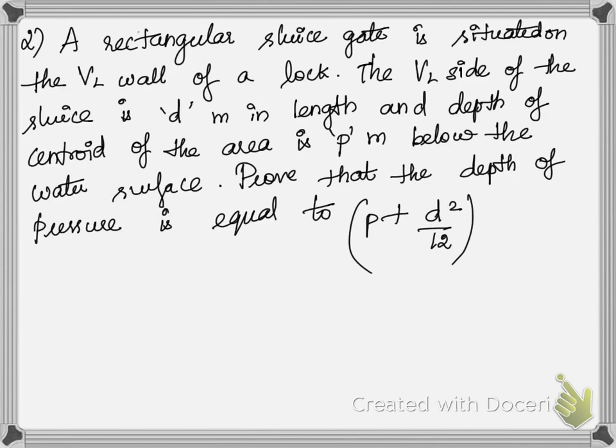You can see some gate which controls the flow of water. You can open and release the gate to control the flow of water. So that is called a sluice gate. A sluice is a water channel and it is controlled at its head by a gate. It's a simple one. It is situated in the vertical wall, and we are going to prove this.